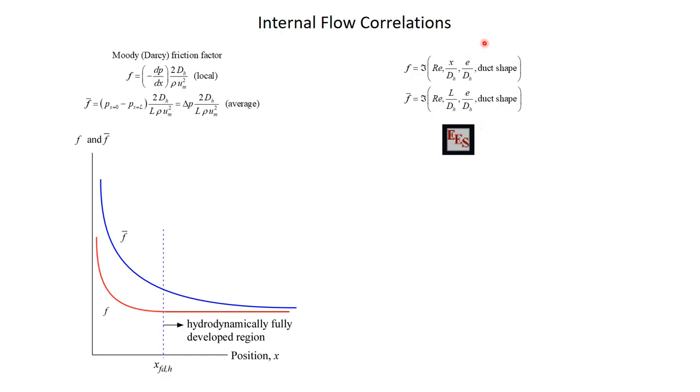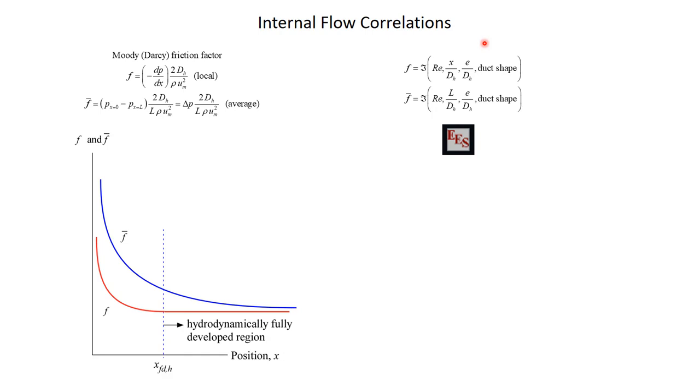And if you go to chapter, depending on what book you're using, chapter 5 or chapter 9, if you go to that chapter about internal flow, you'll see just basically correlation after correlation after correlation that tells you what the friction factor is. And these correlations are divided up based on what kind of duct shape you have.